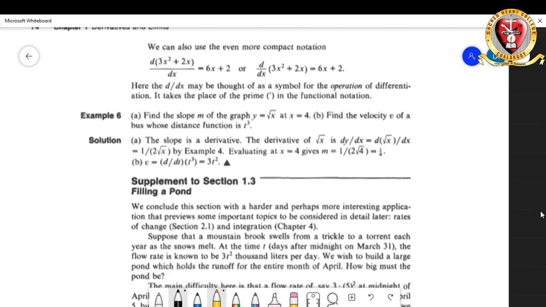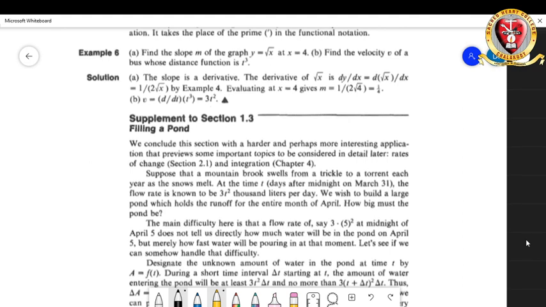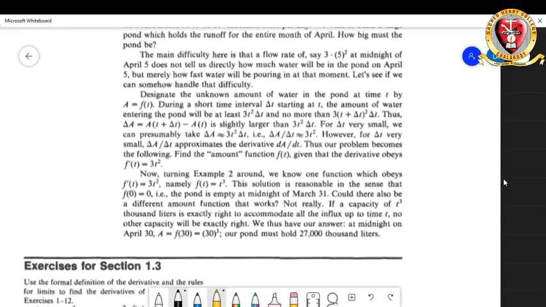And also you can read the supplement to the section if you are more interested in a real life example about filling a pond.